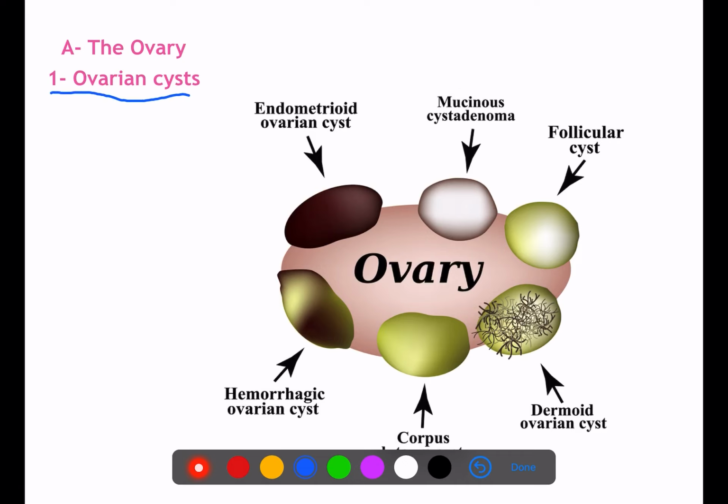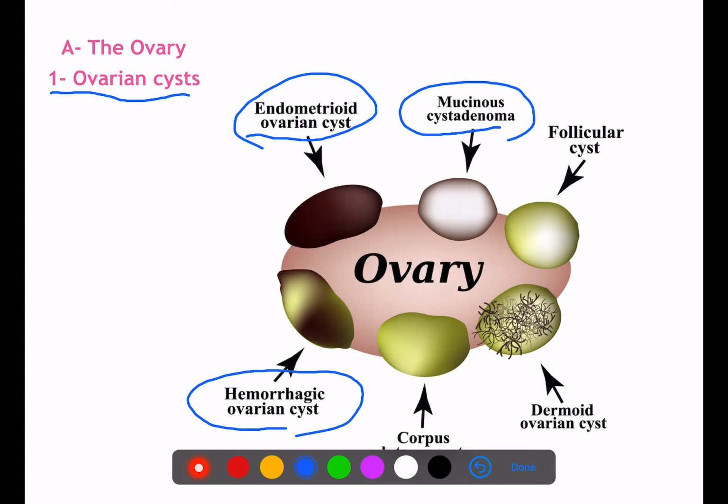There is more than one type of ovarian cyst affecting the ovary, such as mucinous cystadenoma, endometrioid ovarian cyst, hemorrhagic ovarian cyst, dermoid ovarian cyst, and other types of cysts may occur within the ovary.